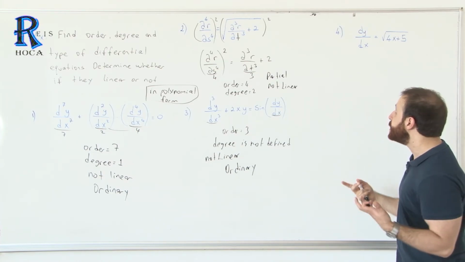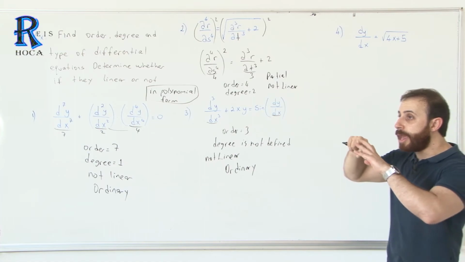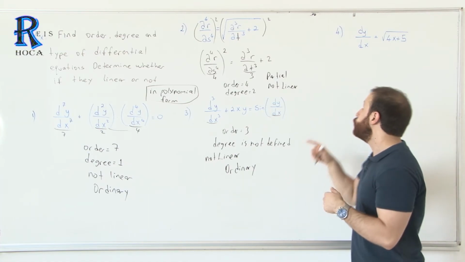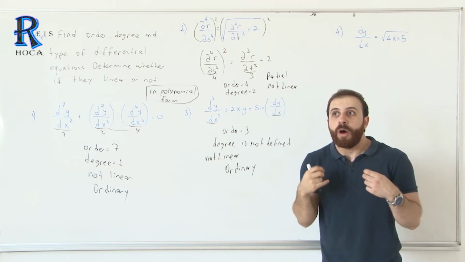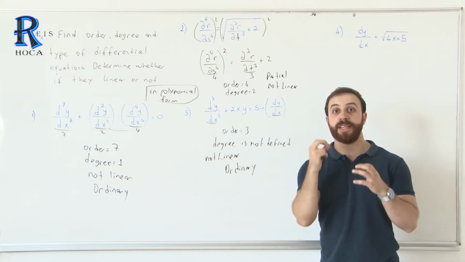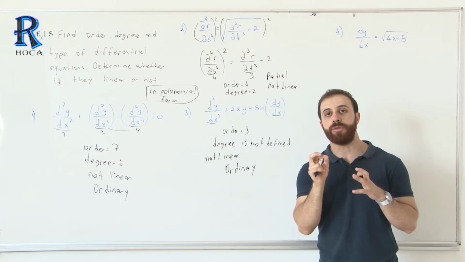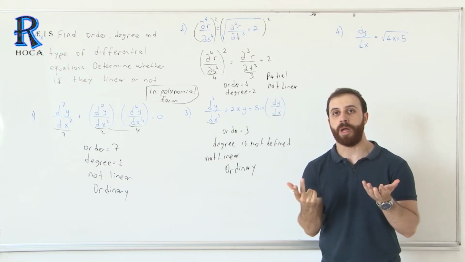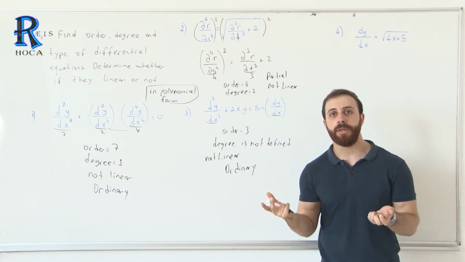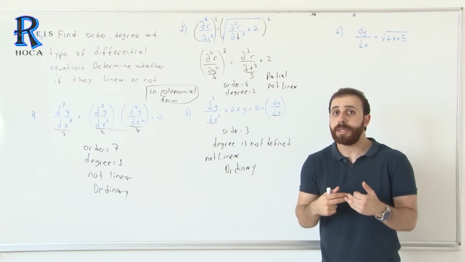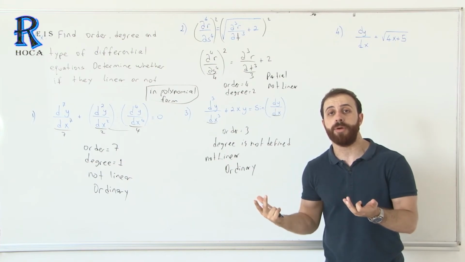So is it necessary for this question to take the square of both sides to remove the square root? Is it necessary? No. Why? We are saying with respect to derivative, it must be in polynomial form. In the square root, are there any derivatives? No. So for us, there is no problem to mention degree.